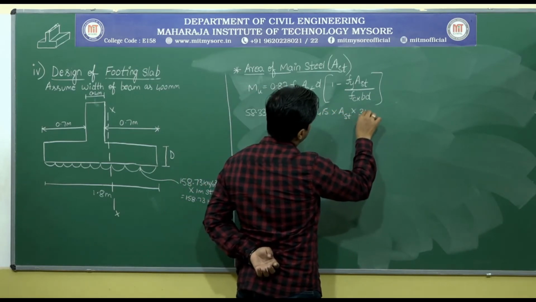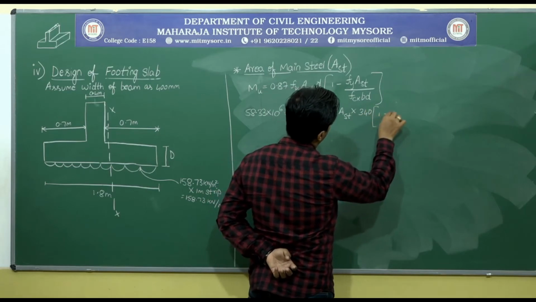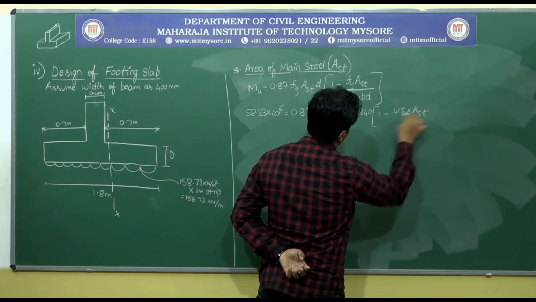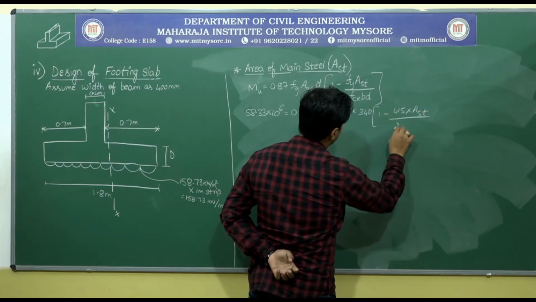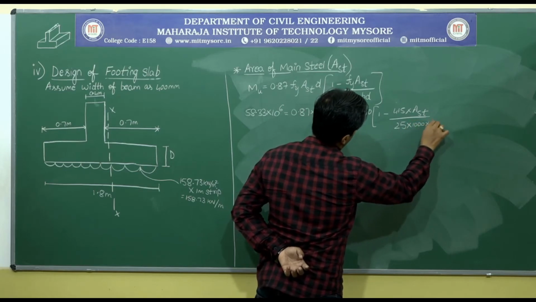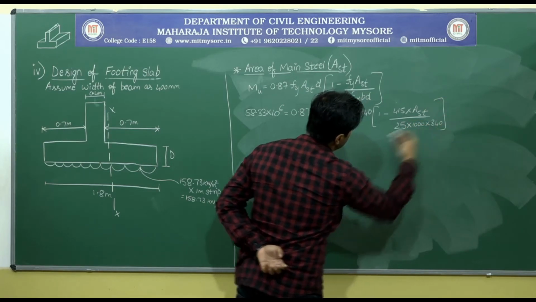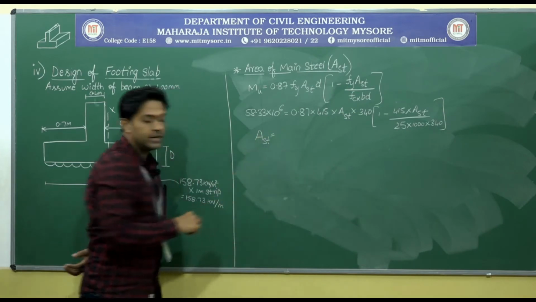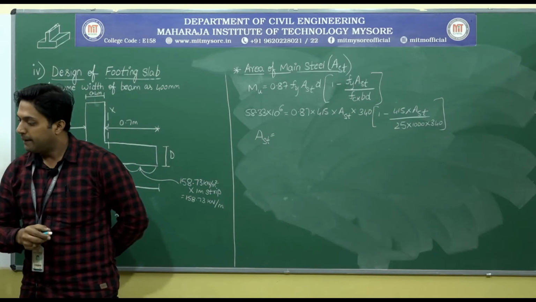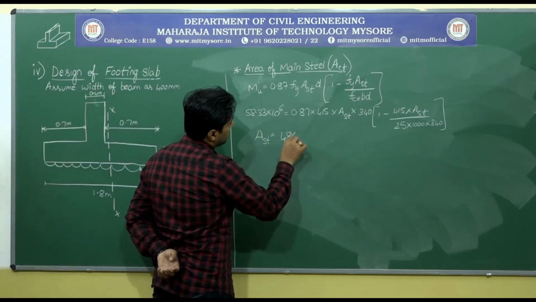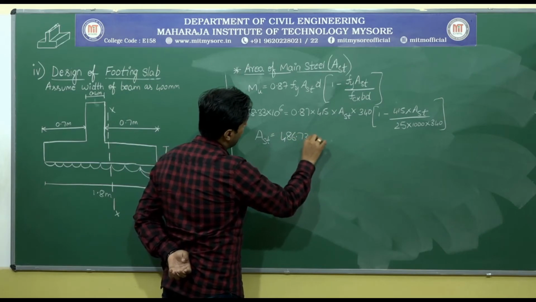So D value is 340 into 1 minus Fy is 415, AST we need to calculate, divided by FCK is 25, breadth is 1000 for slab, effective depth is 340. So using the calculator, if we solve for AST, the value of AST that we get is 486.73 mm square.